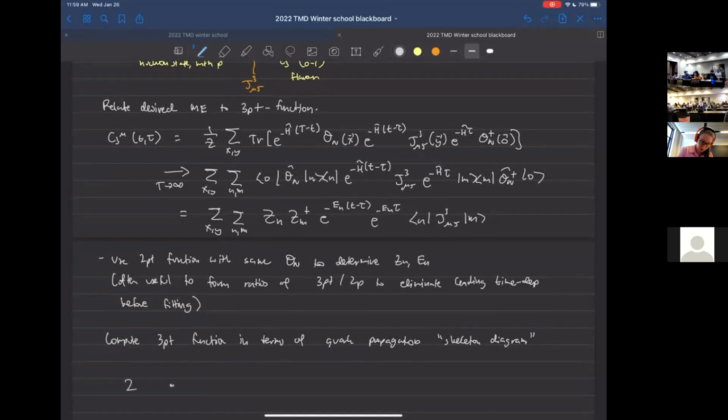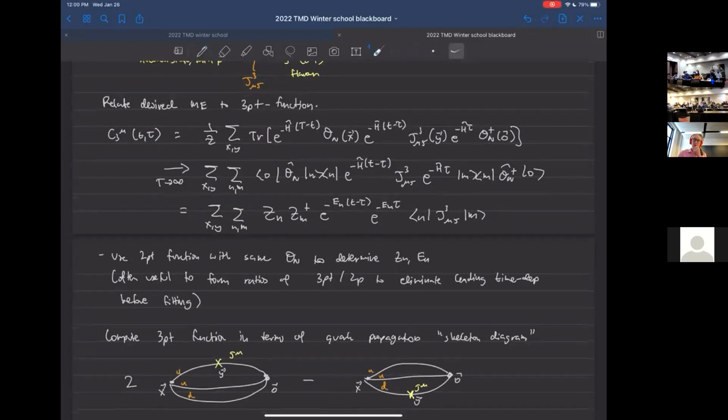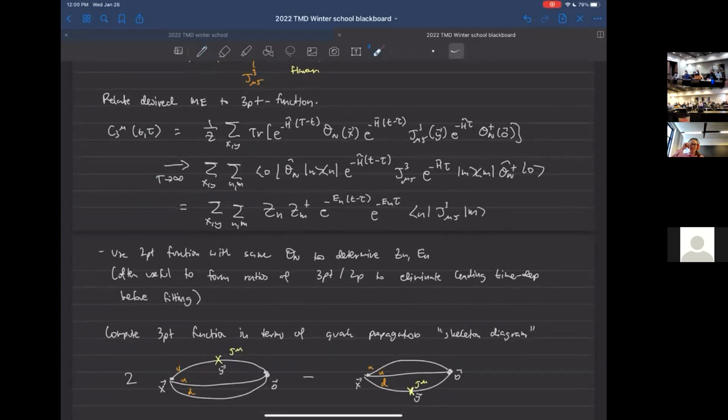So in this case, if you work out all of the different contractions you need to make, we will see this, that we have, this is X, this is 0, this is Y, this is U, D, minus X, 0, Y, this is again a J mu, and U, D.